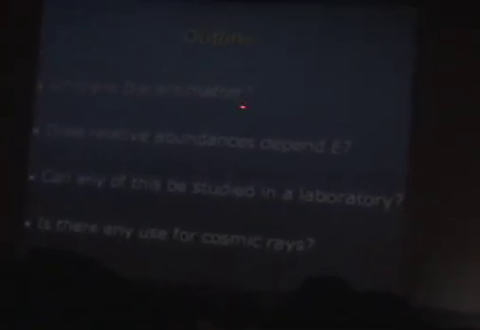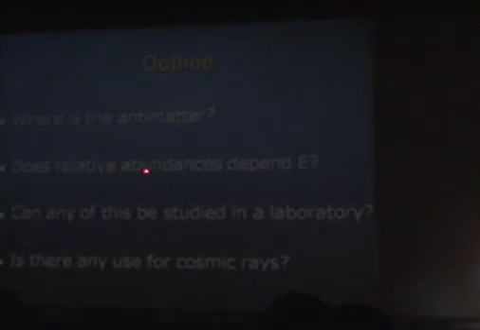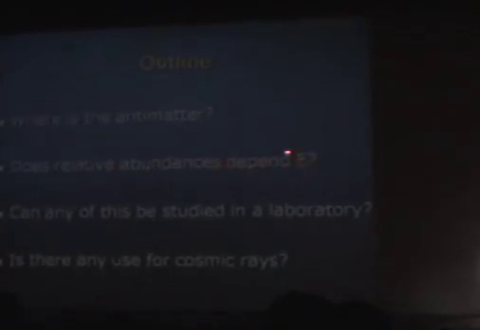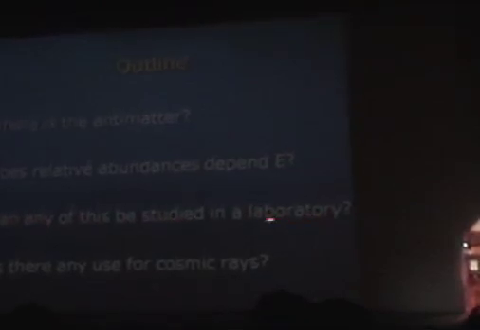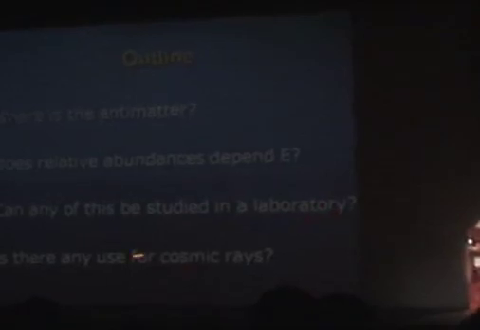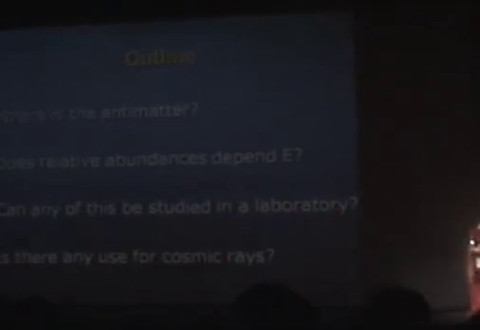Where is the antimatter? Do relative abundances depend on energy? This is what I was talking about in the previous plot. And the other thing is whether one can study or reproduce these phenomena in the laboratory. The next one, please.